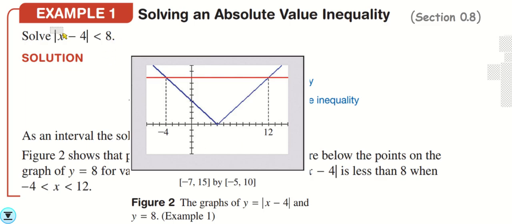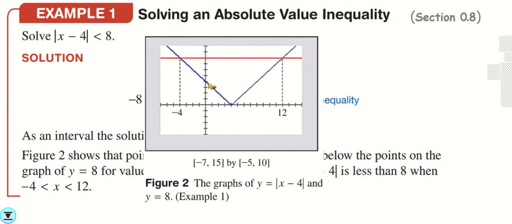So it's like saying, for what values is that graph lower than this line if you turn it into a function of y equals 8. So take a look at that again.